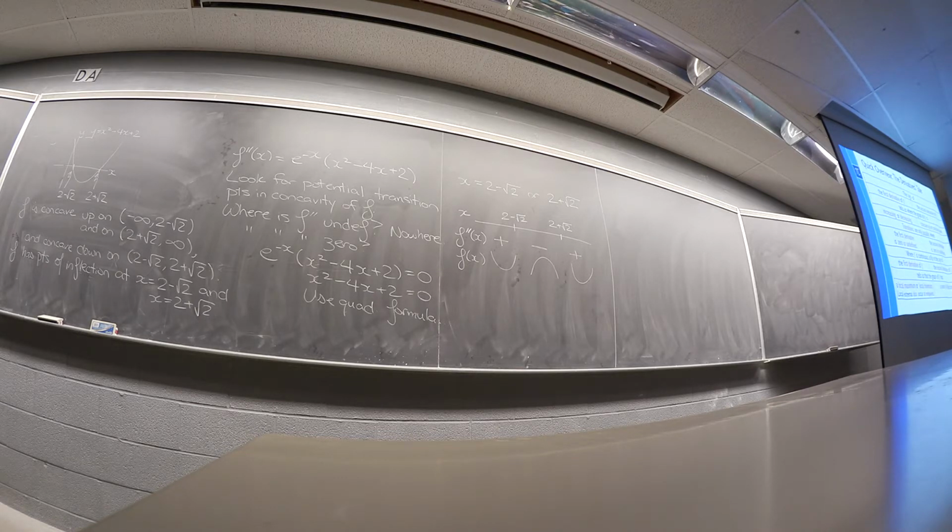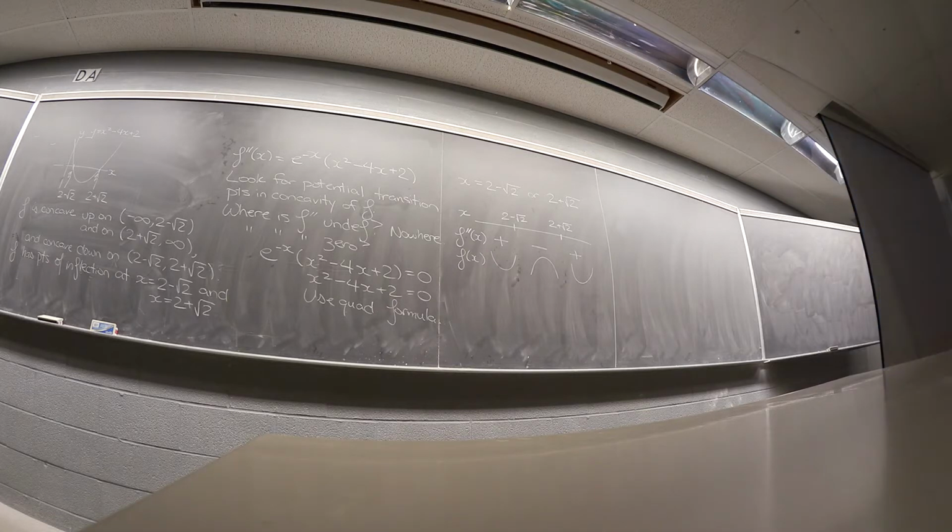Okay. So you find candidate places where concavity could change. You check the concavity in the subintervals, and you plot points of inflection. There's a picture.